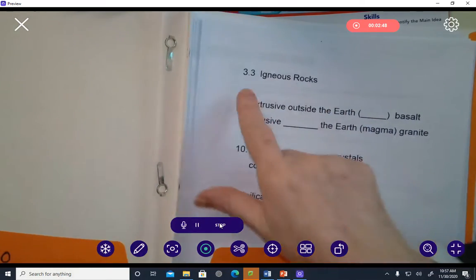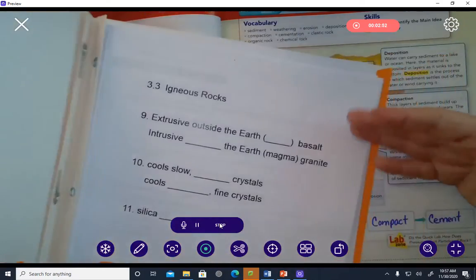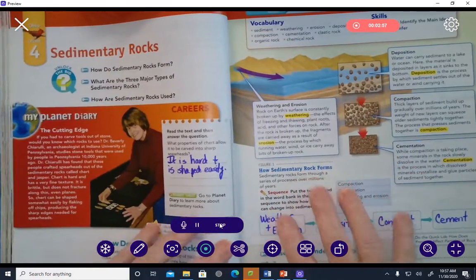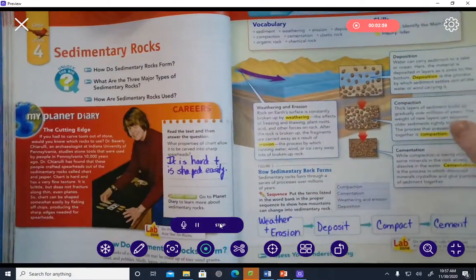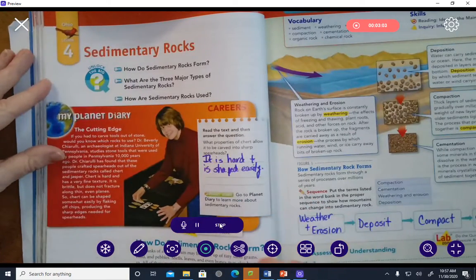So now section 3.4 is on sedimentary, and we've just finished reading the text, and you were supposed to have answered the questions here, so we're just going to go over them.